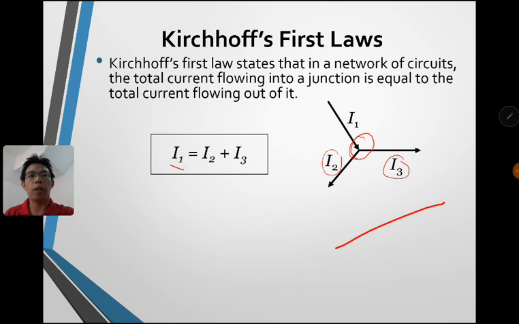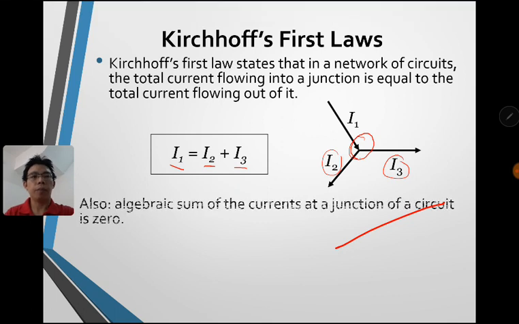So I1 equals I2 plus I3. We can also say that the algebraic sum of the currents at a junction of a circuit is 0. So that's Kirchhoff's first law. Total current flowing in equals total current flowing out. The algebraic sum is 0. You can also say that.